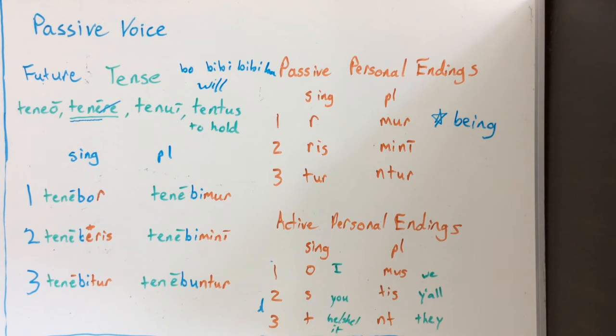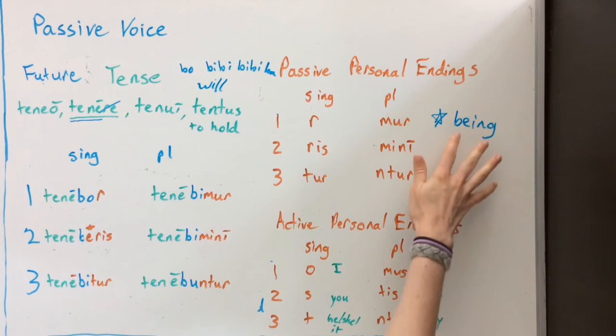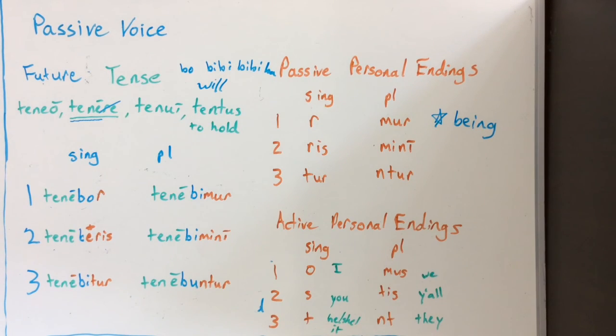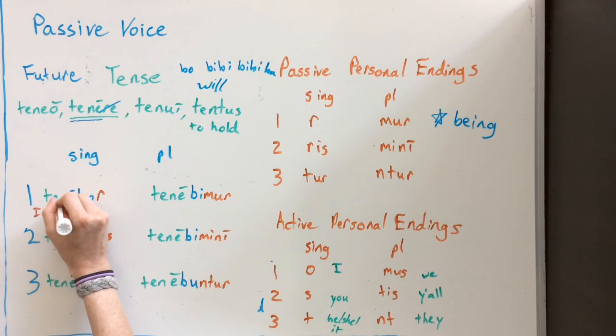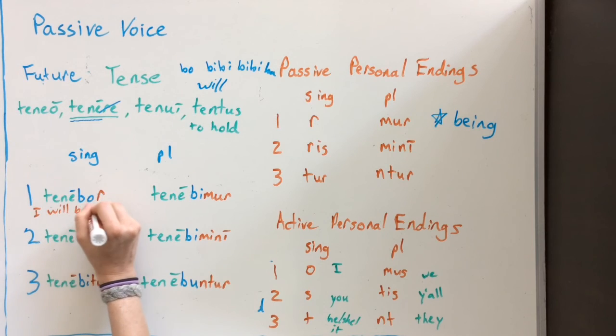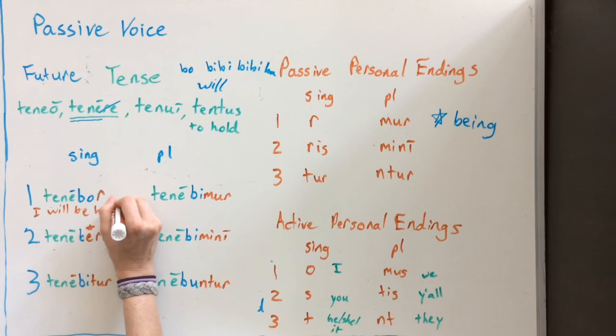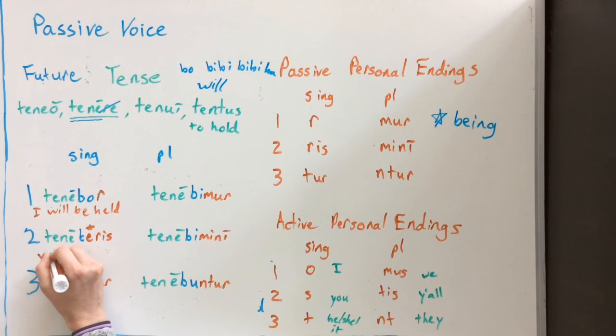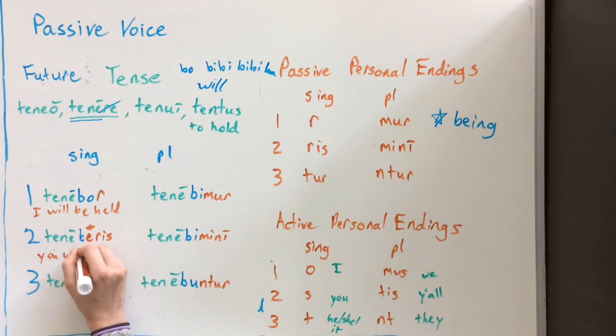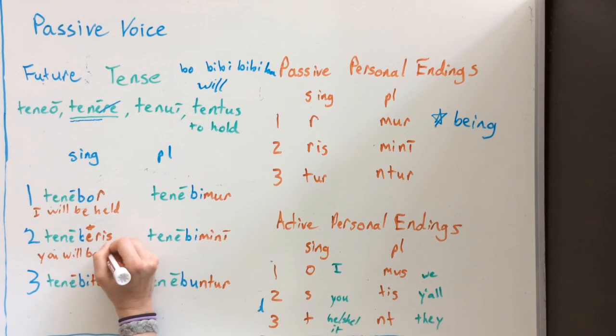And then our translations are going to use the will, that shows it's future, and the being, that shows it's passive. So our first translation would be, I will be held. Beris, you will be held.